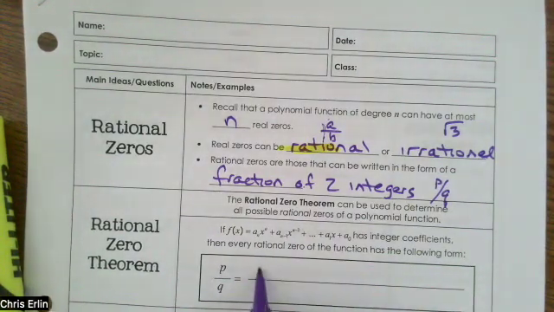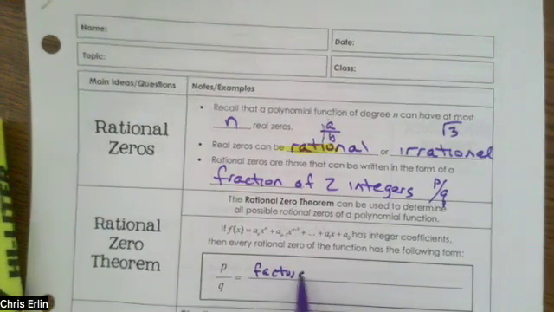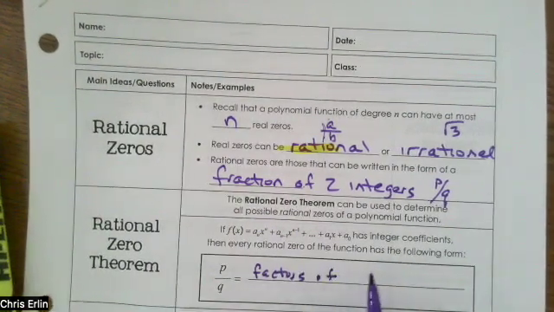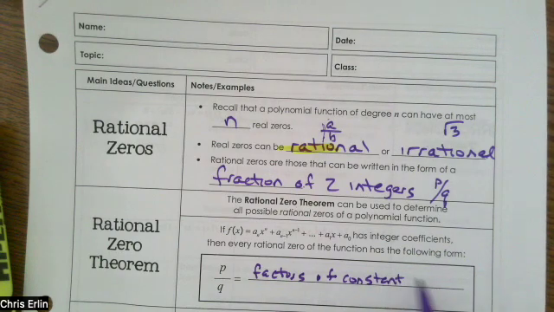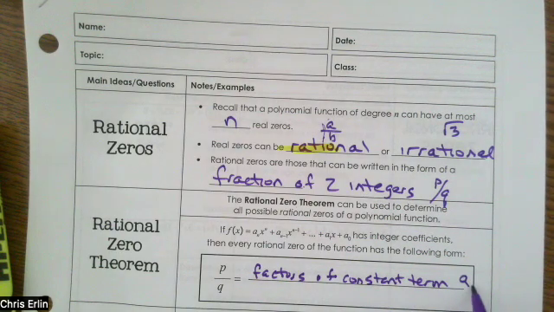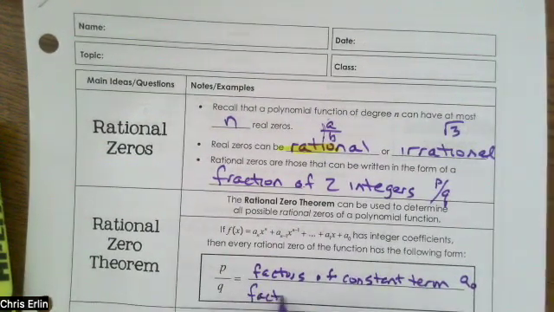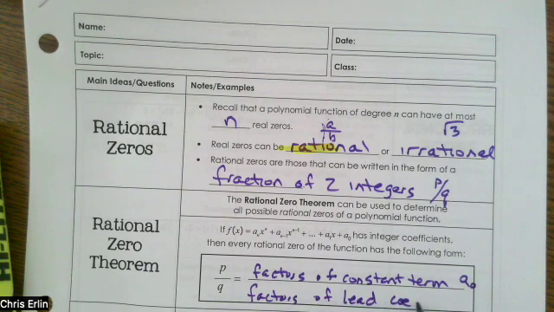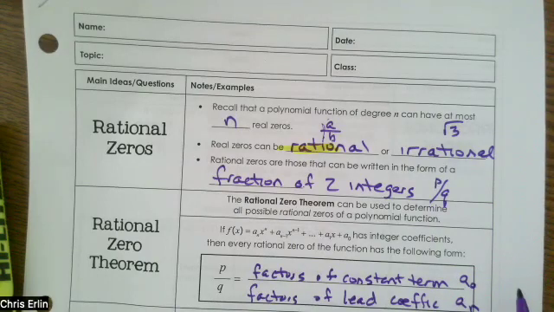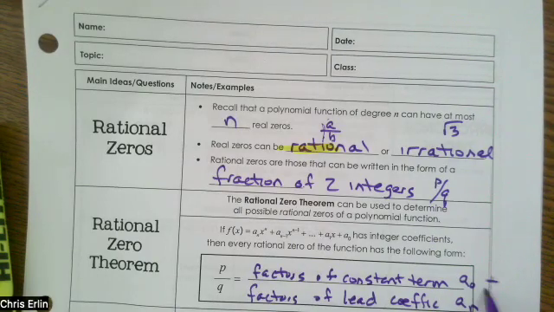P over Q, where P is factors of the constant term, a sub 0, over Q, the factors of the lead coefficient, a sub n, and then plus or minus.